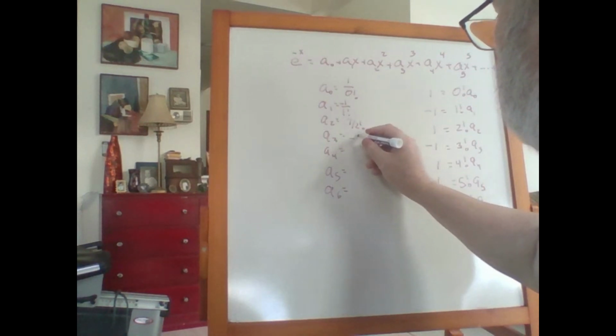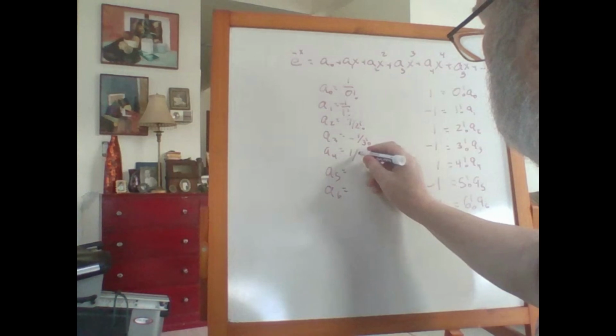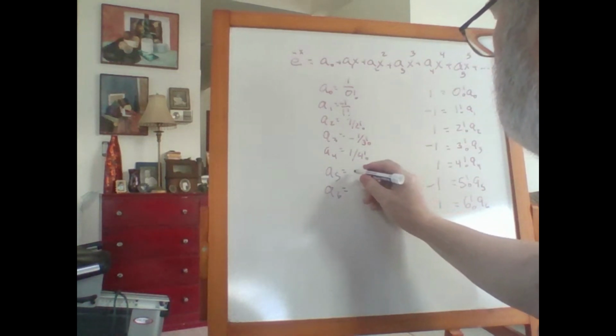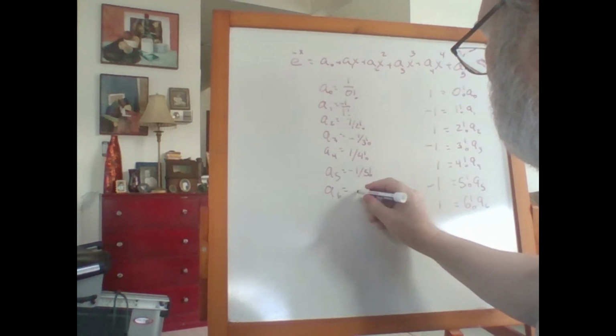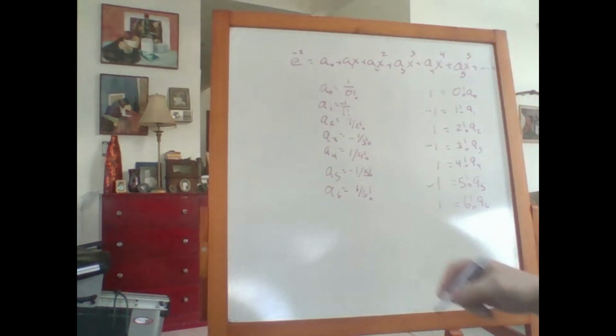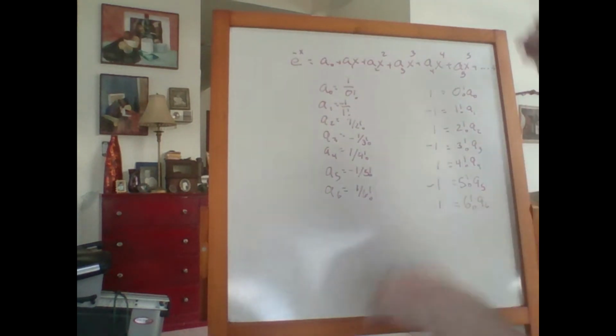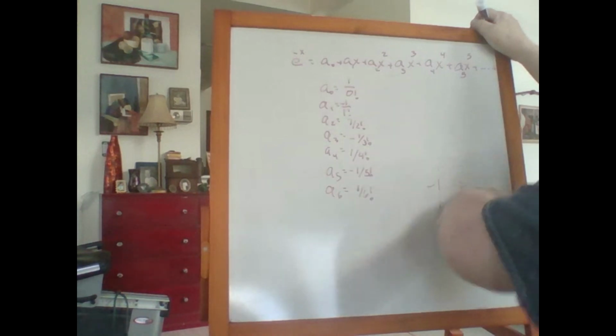This is minus 1 over 3 factorial. Positive 1 over 4 factorial. This is minus 1 over 5 factorial. And positive 1 over 6 factorial. And now we can write out our infinite series.